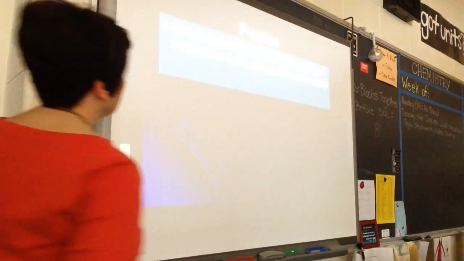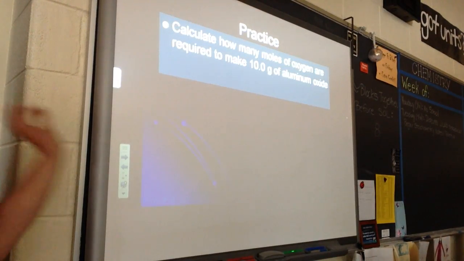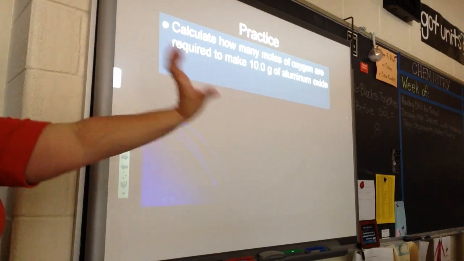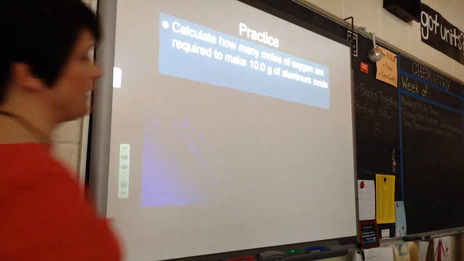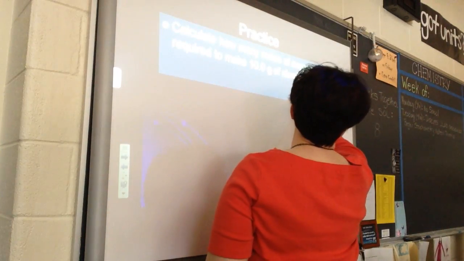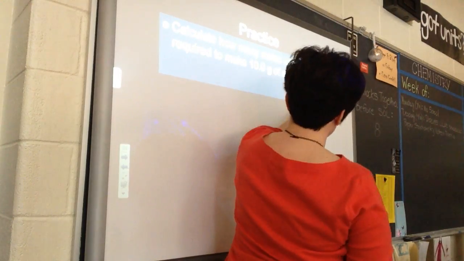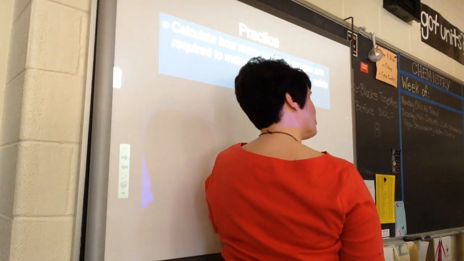Alright, Fruit Loops. Calculate how many moles of oxygen are required to make 10 grams of aluminum oxide. We're ending up with aluminum oxide. There's no prefixes in that name.